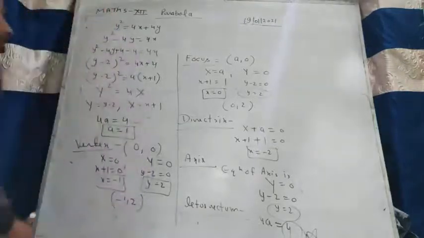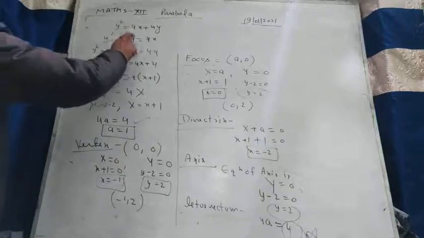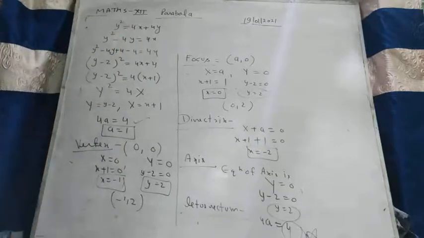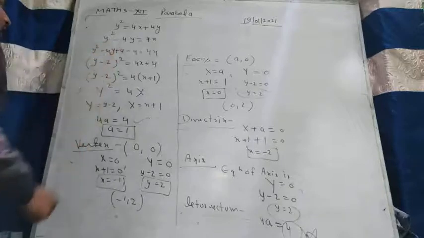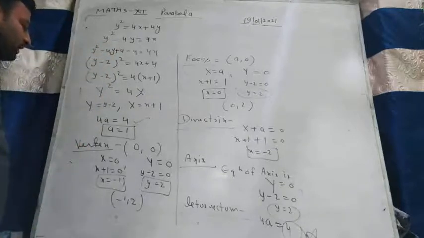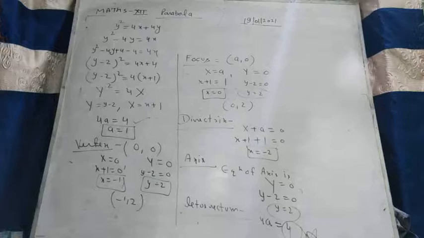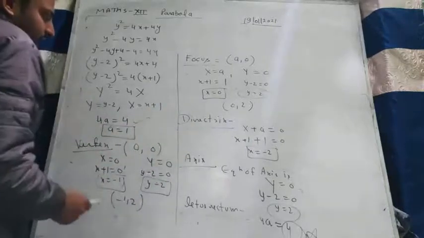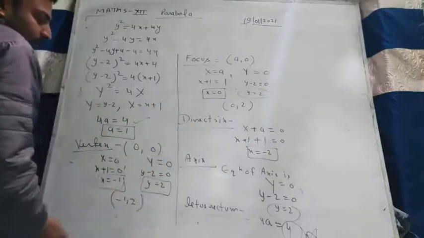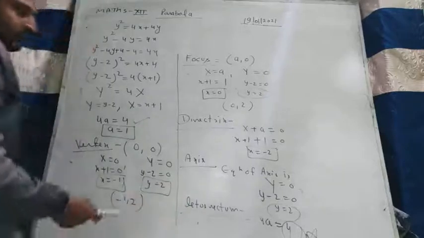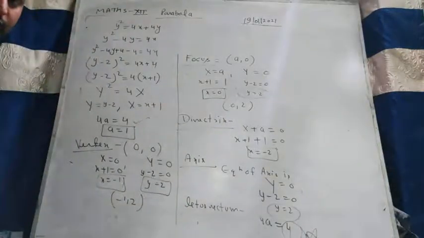Let's see once again. This is our question: y square is 4x plus 4y. Okay, student. We have to find the focus, vertex, directrix, equation of axis, and length of latus rectum.